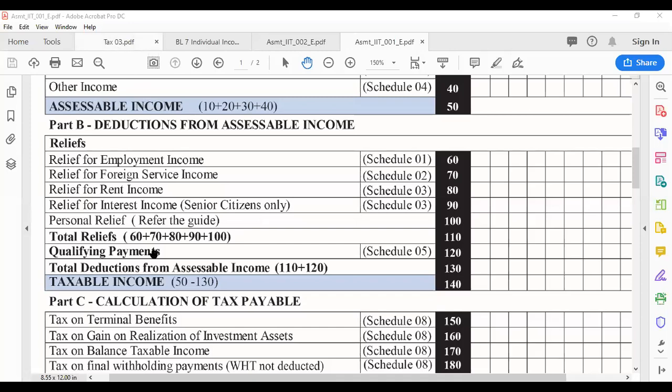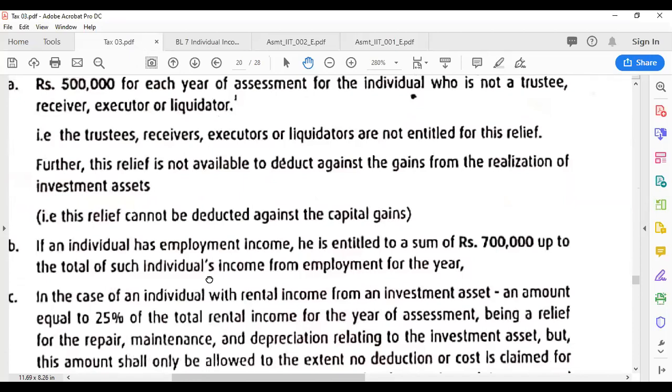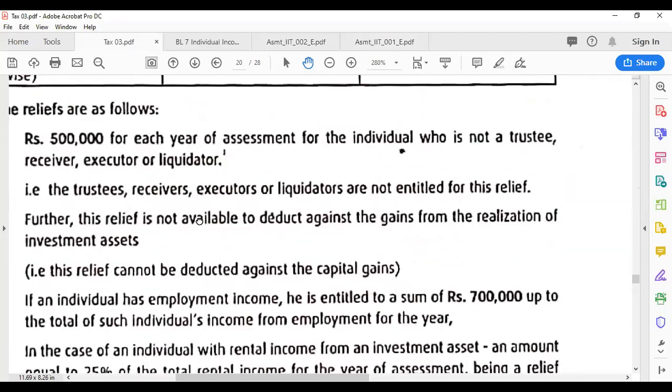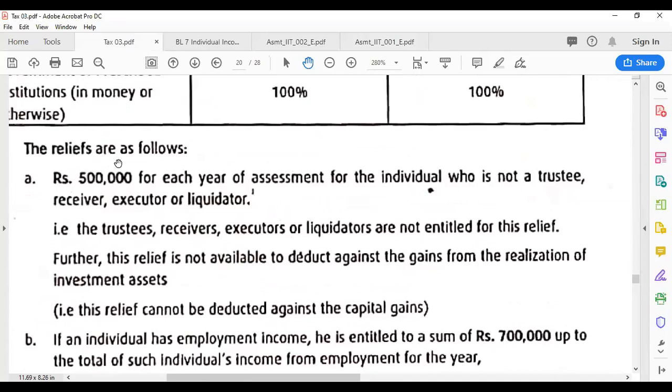Here, yes, this one. The relief is as follows: rupees 500,000 for each year of assessment for the individual who is not a trustee, receiver, executor, or liquidator.